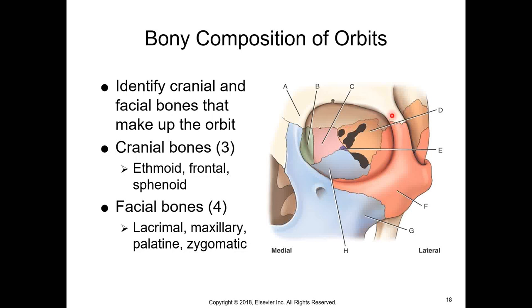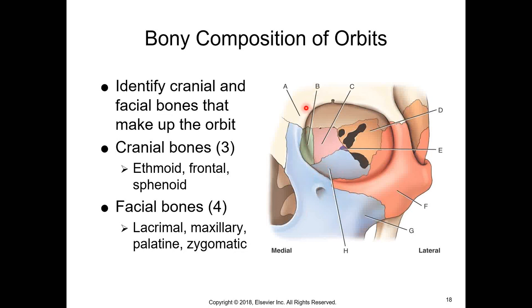And then you've got your greater wing of your sphenoid back here. And here is your zygoma right here. G is the maxilla, but also H is the maxilla, so that makes up the floor here. So make sure you know that.